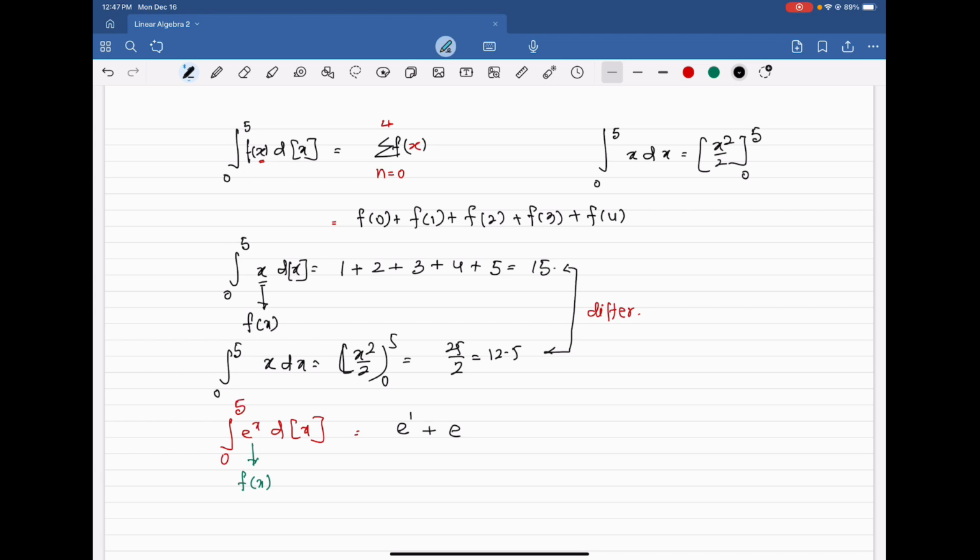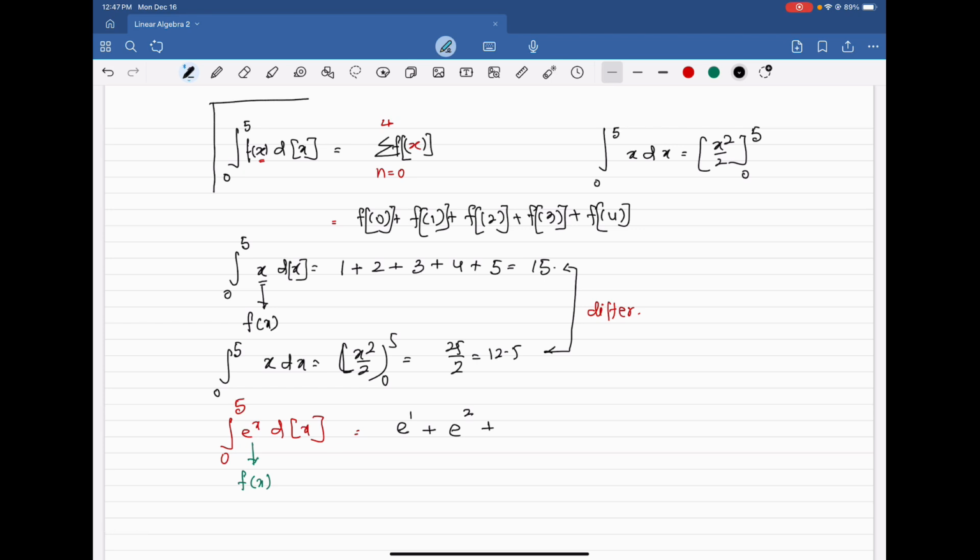What should be the x value? The x value should be the smallest integer greater than 1 here, that is 2, plus, because you please try to understand this, x value is ⌈x⌉, that is the smallest integer greater than x.